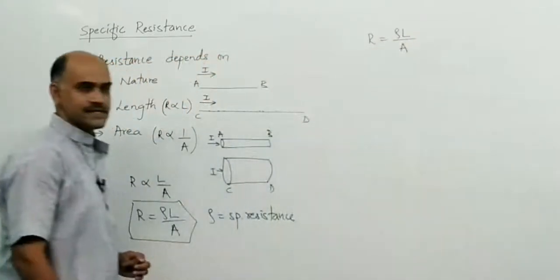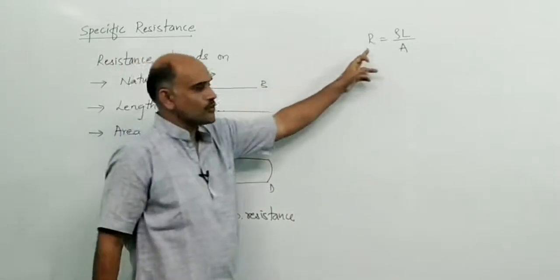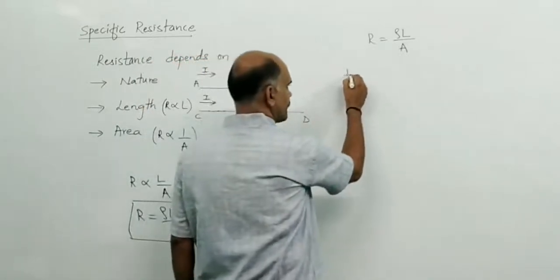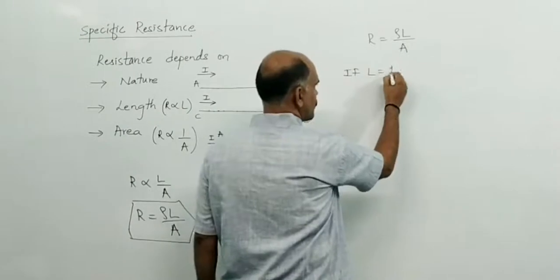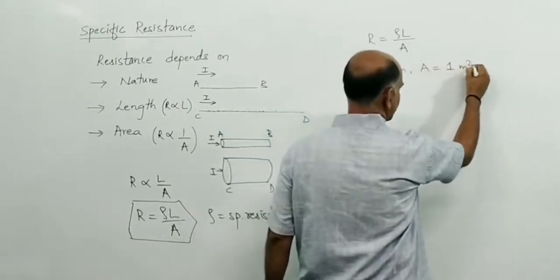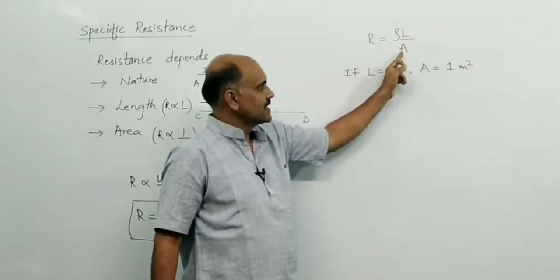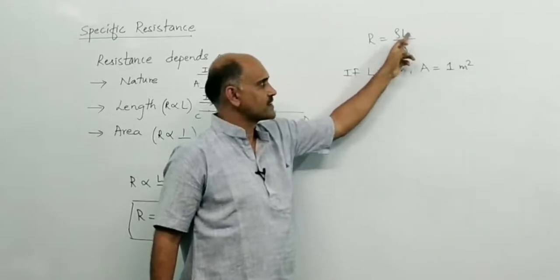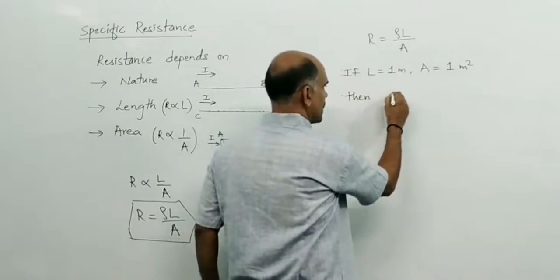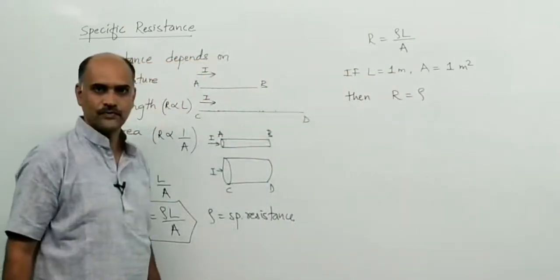I will take this formula, R is equal to rho L by A. Here, if L is equal to 1 meter and A is equal to 1 meter square, this is 1, this is 1, then you will have R is equal to rho.